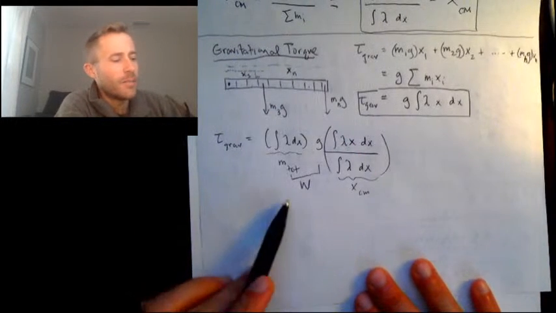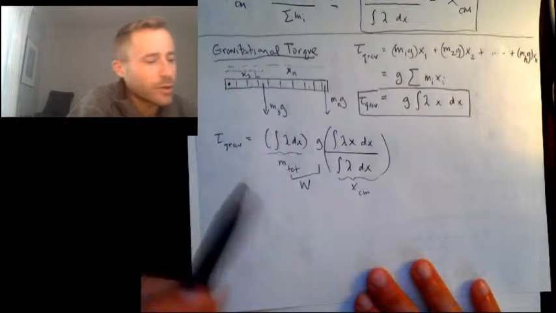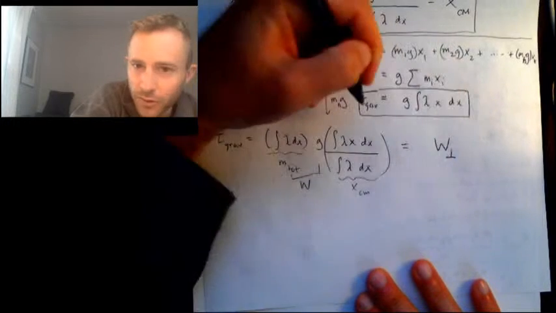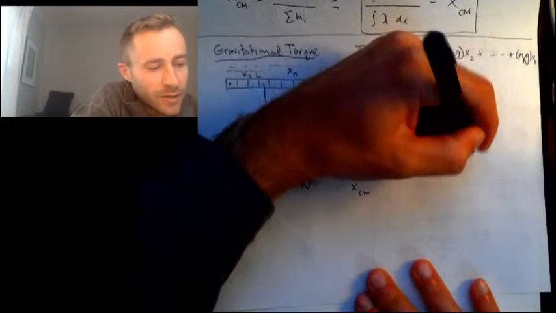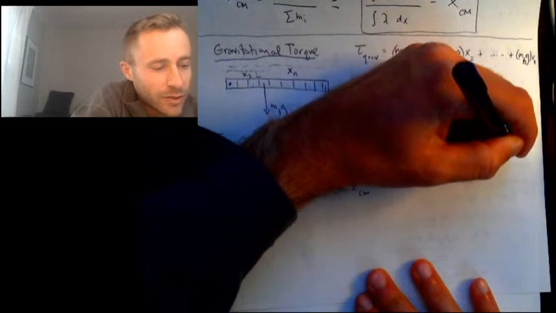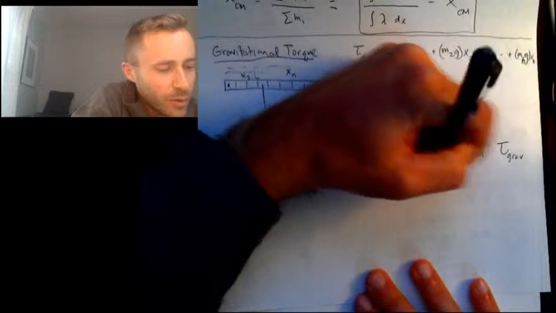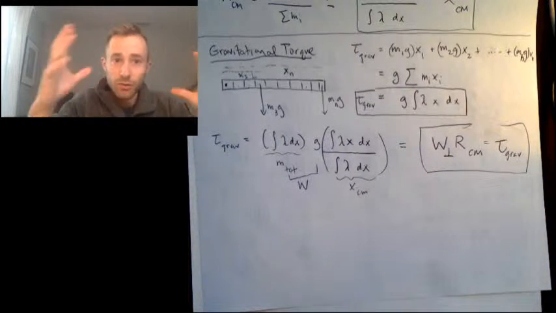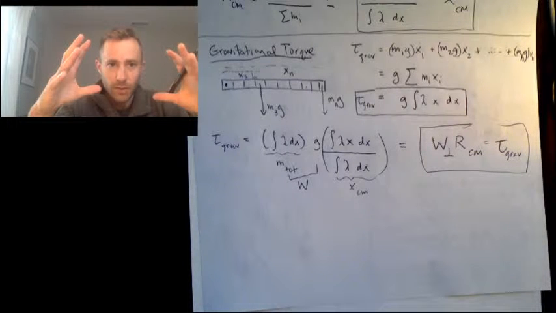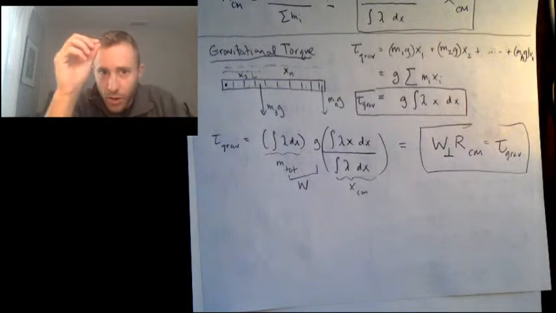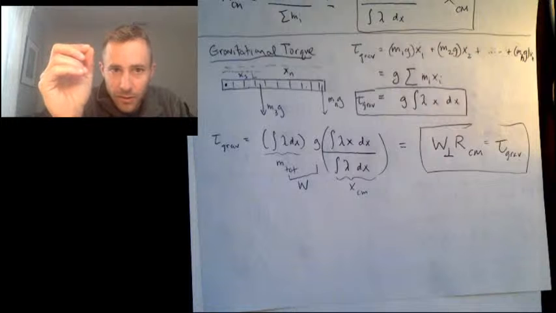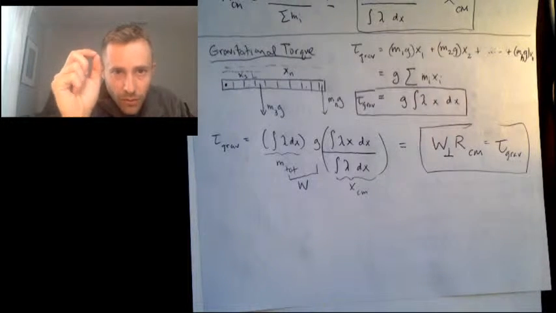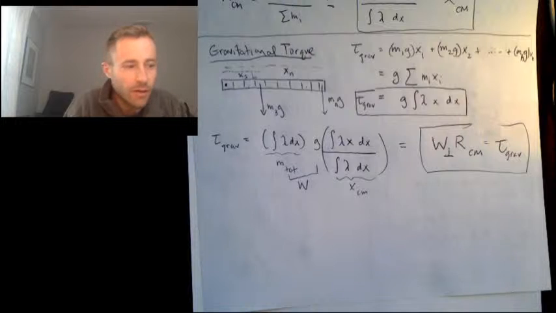So I could also write the torque due to gravity as the perpendicular component of the weight force times the distance between the pivot and the center of mass. This is a better expression for the gravitational torque. The key lesson here is that the gravitational torque acts as if all of that weight were concentrated at the center of mass.